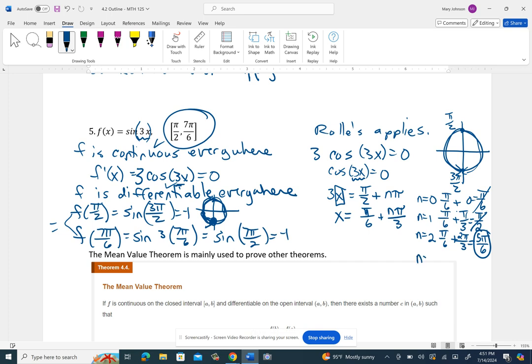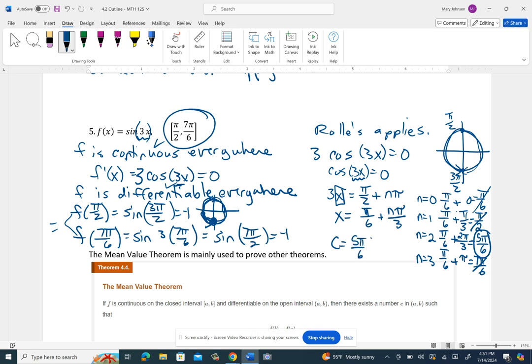And then watch, if I go to n equal 3, I'll have pi over 6 plus 3 pi over 3, which is pi. So that'd be 6 pi over 6 plus 1 pi over 6. That's 7 pi over 6. And there we are at the end of the interval again. So the c we're talking about that we know must exist is 5 pi over 6.